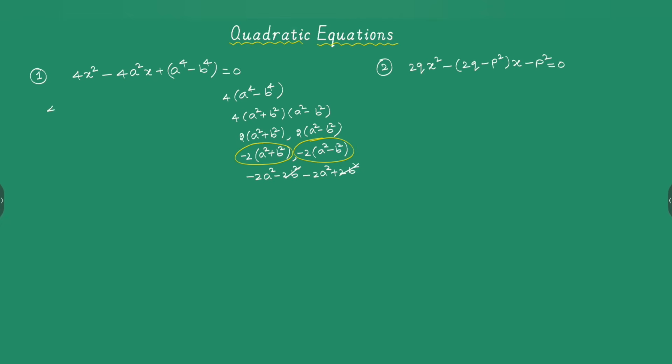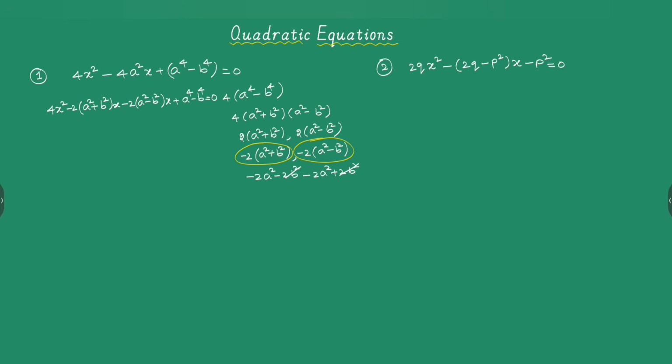So it will be 4x square minus 2 of (a square plus b square) into x minus 2 of (a square minus b square) into x plus a power 4 minus b power 4 is equal to 0.